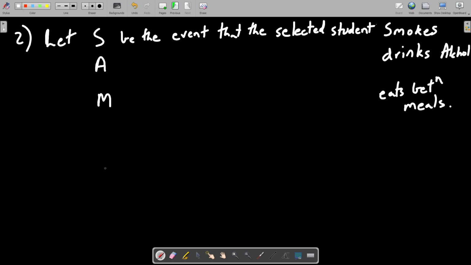Okay, so next what we'll do is, how many students are given to us in total? Oh wait, I kept S for this, but S we also require for the sample space. So we have to change this alphabet. What we'll put?